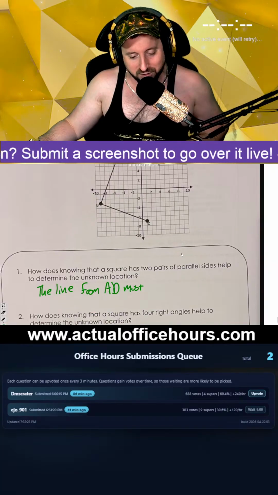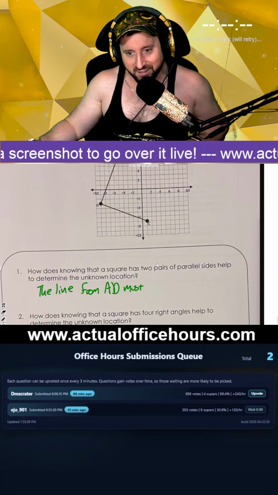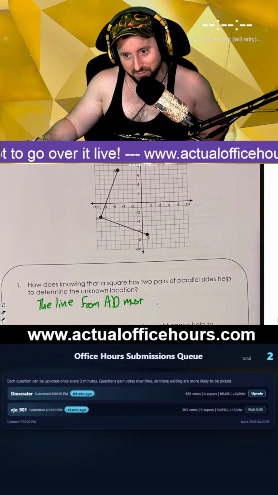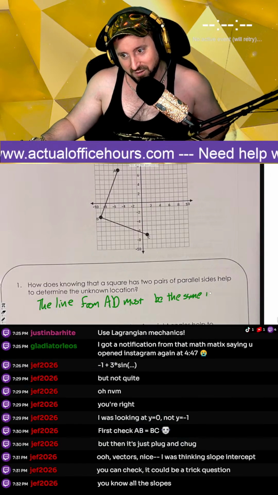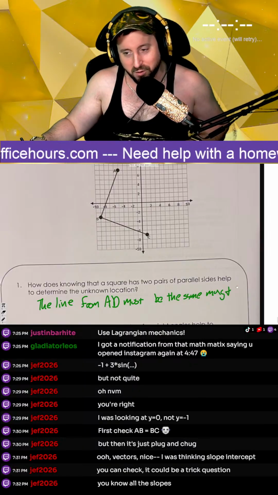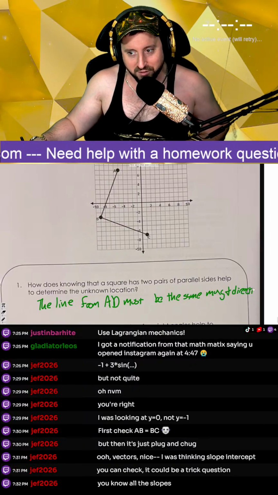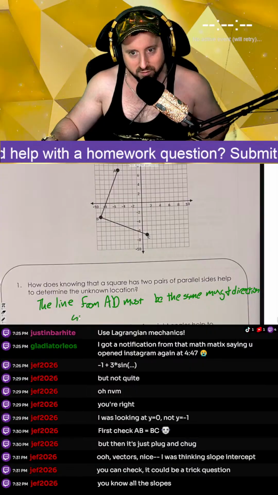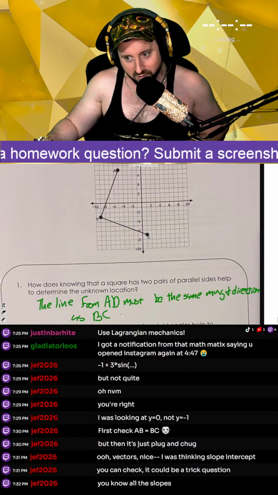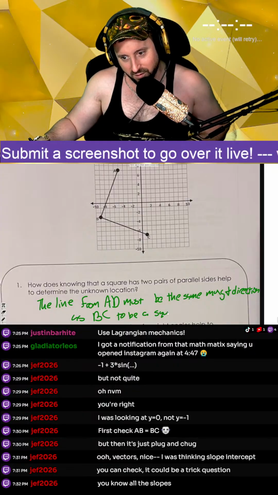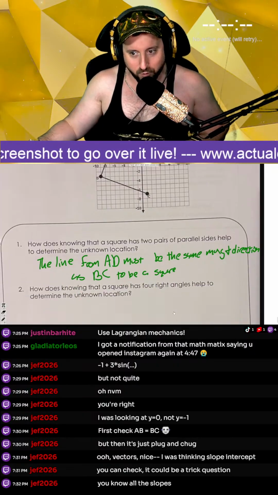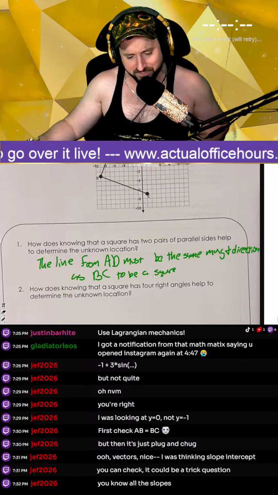Ask Terrence Howard, dude. The line from A to D must be the same magnitude, and also I just don't know what level of math you're allowed to answer this with. To be a square. How does knowing that a square has 4 right angles help determine the unknown location?